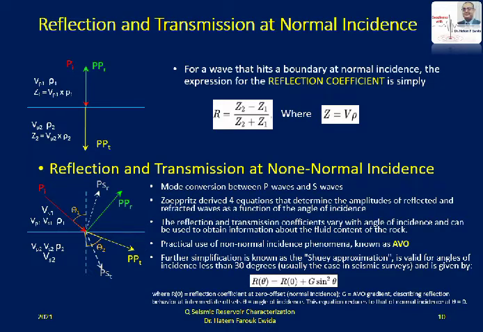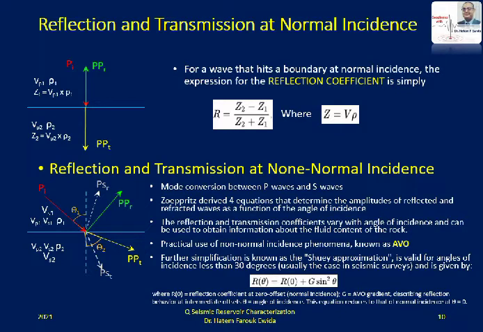So the practical use of the non-normal incidence phenomena is known as AVO or AVA, amplitude variation with offset, or amplitude variation with angle. As Zoeppritz had 4 equations, the science came after that to simplify these 4 equations until we reached a scientist called Shuey, and he made an approximation and ended up with this very famous equation, that we'll understand very well in the coming slide.